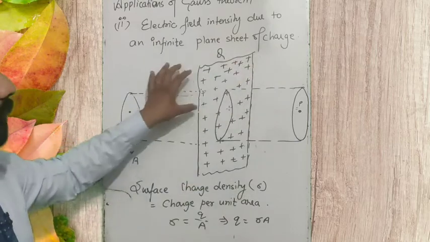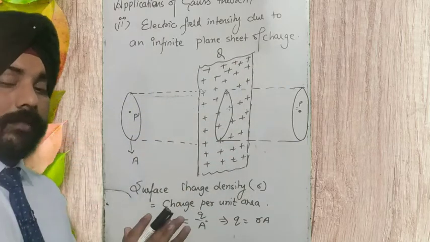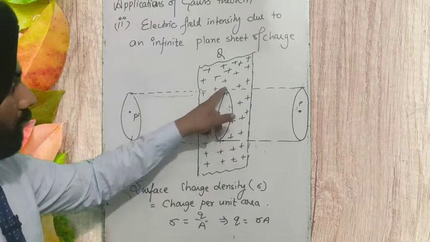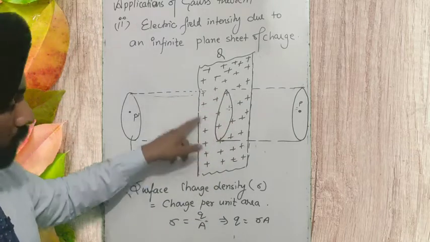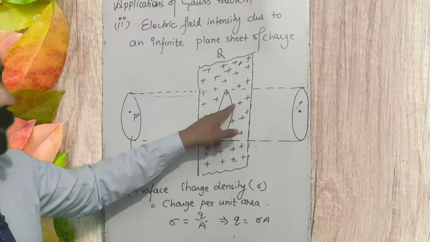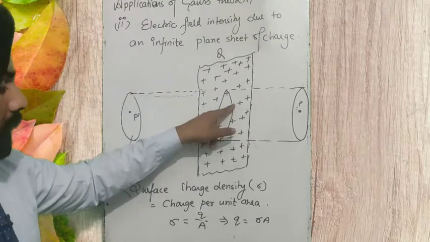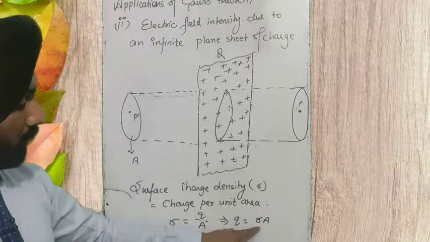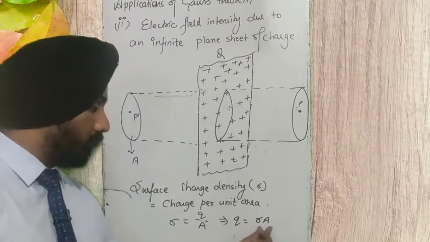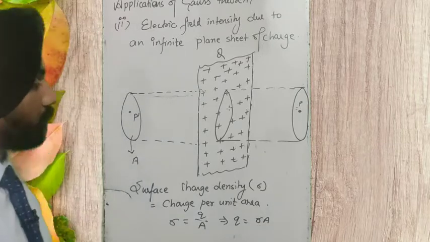For any portion of the sheet, the charge is distributed uniformly. So I have taken a charge small q in this portion, and the surface charge density, charge per unit area, is sigma.